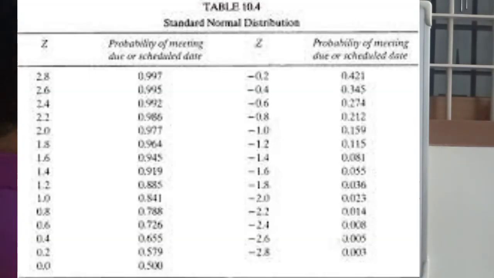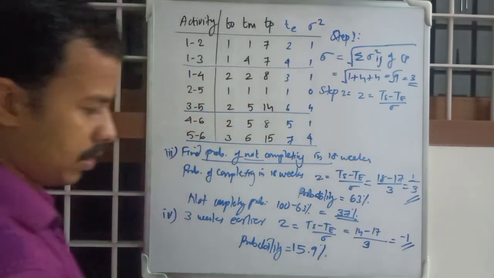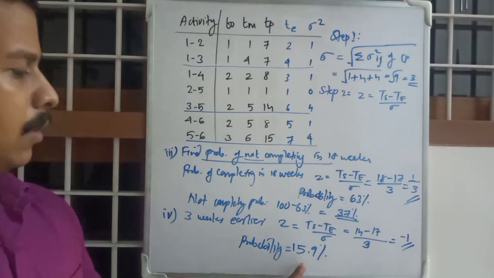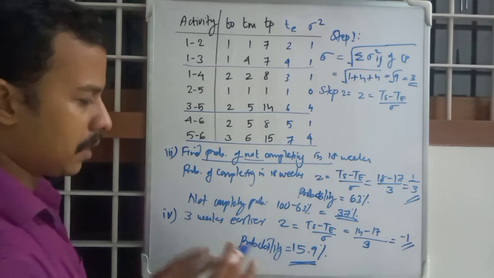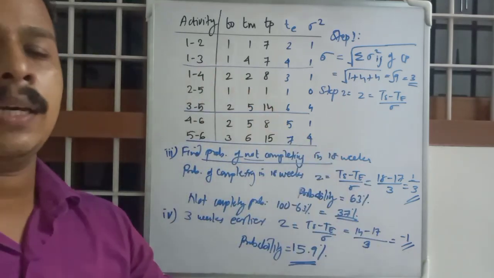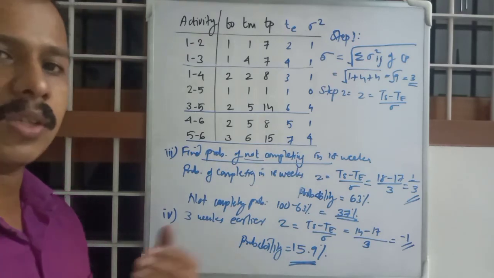Okay. And that will be a probability of 15.9%. There won't be any negative values for probability, as you all know. So 15.9% will be the probability of completion of this project within 14 weeks. Okay, 3 weeks earlier.